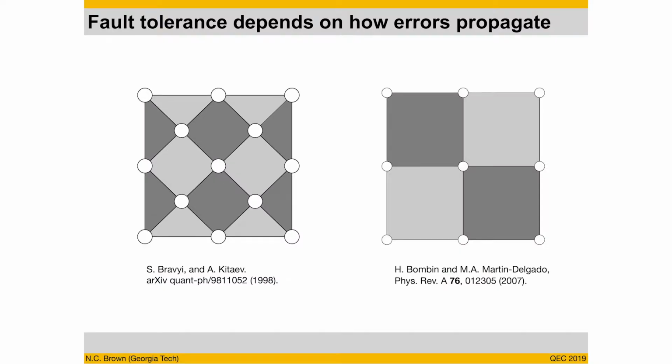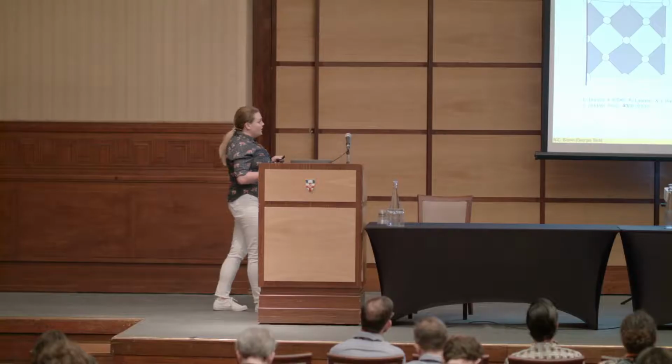So fault tolerance really depends on how errors propagate. If we look at a surface code, of particular interest are really bad hook errors that propagate from our ancilla qubits to our data qubits in harmful ways.